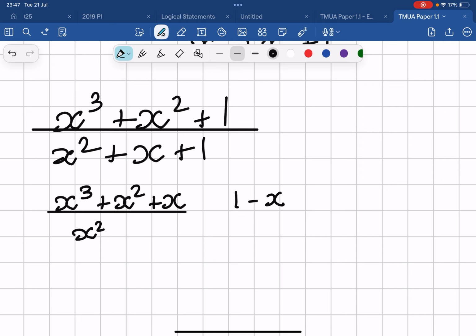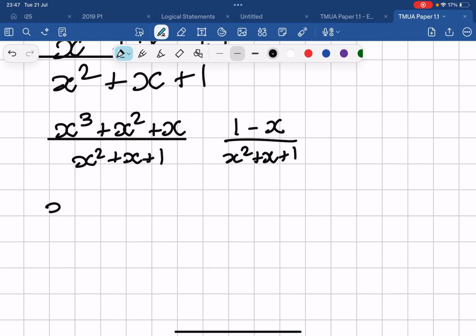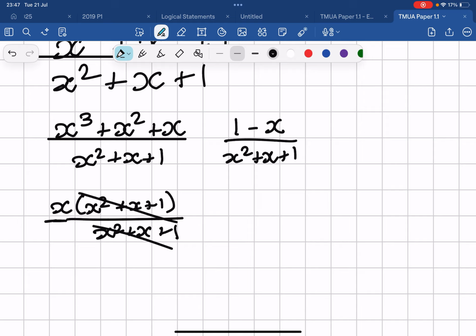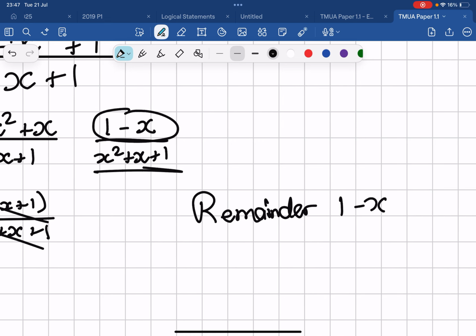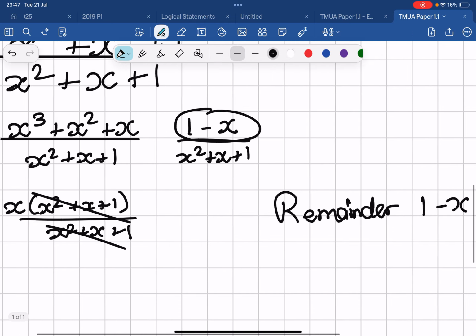We can pull out our x from the top, so we get x times x squared plus x plus 1. So here we've got x, which is our quotient. Now the remainder is literally just 1 minus x, because we've got x squared plus x plus 1 on the denominator.